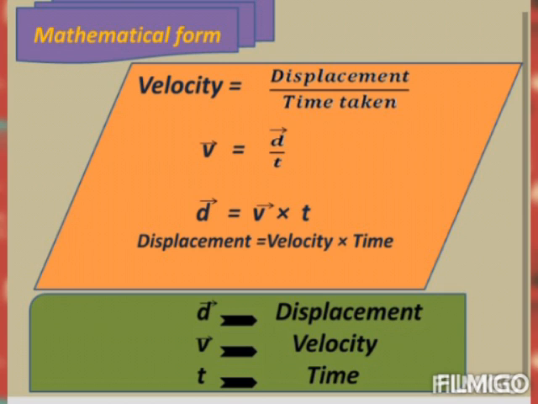If we have two known quantities, for example velocity and time, and we have to find the displacement, we can modify the formula and write d, the displacement, equals v multiplied by t. Displacement is a vector quantity, so we put an arrowhead, and also an arrowhead on velocity.